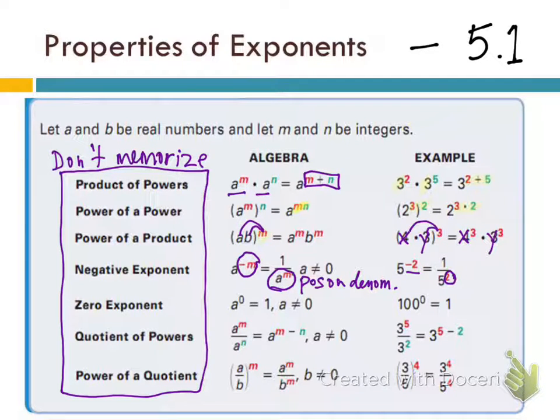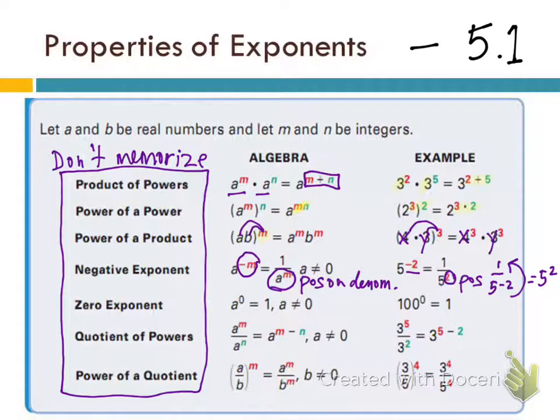So here the squared becomes positive when it's on the denominator. If you had 1 over 5 to the negative 2, then it would jump back up to the numerator and it would equal 5 squared. So basically if you have a negative exponent, you're going to switch it from numerator to denominator, denominator up to numerator. And we'll see some examples.